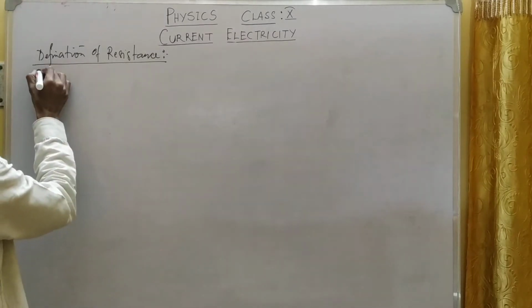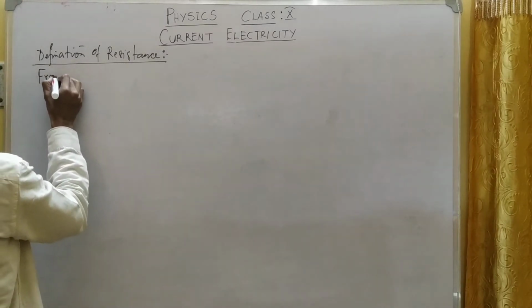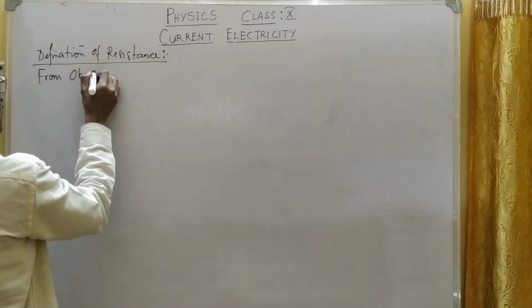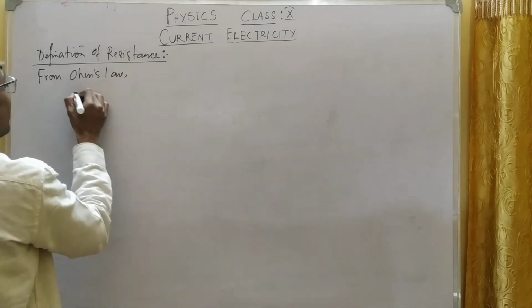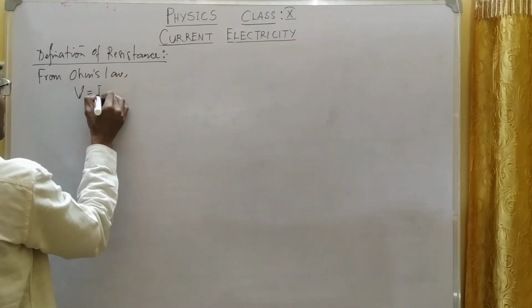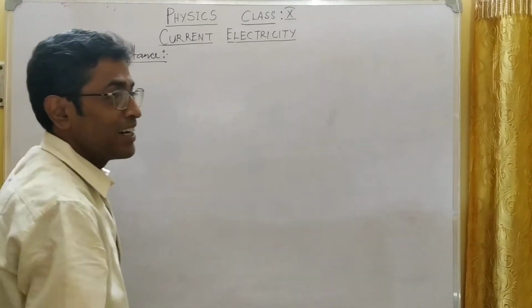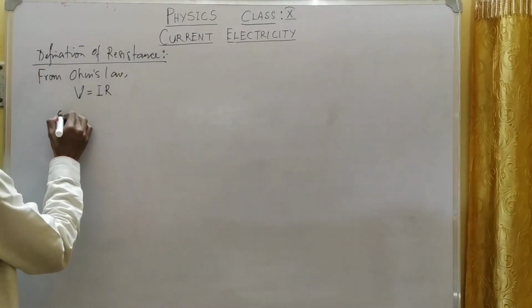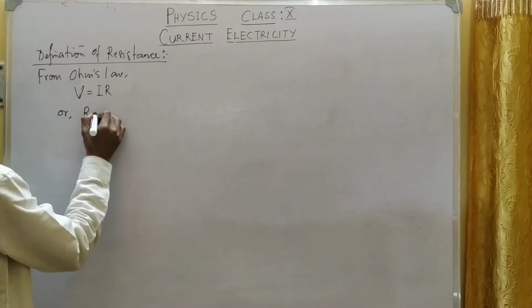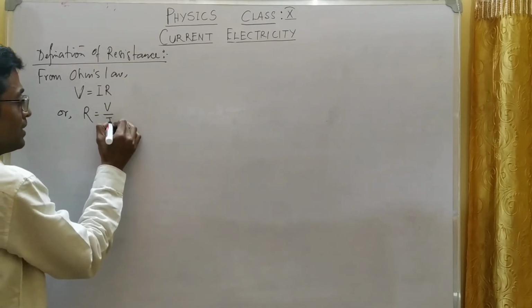You should write it like this: from Ohm's law, we have V equals I into R. I have written R into I, same thing. Or we can write R equals V by I.